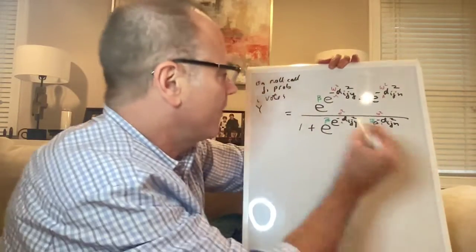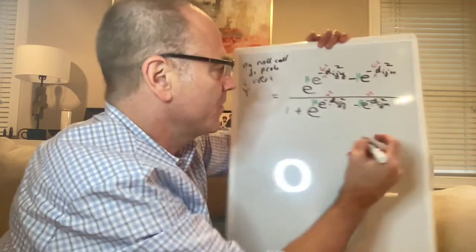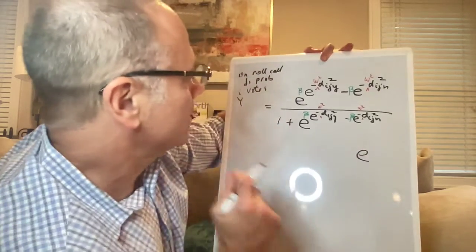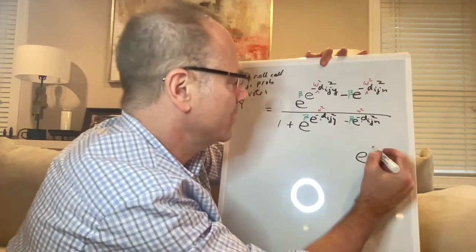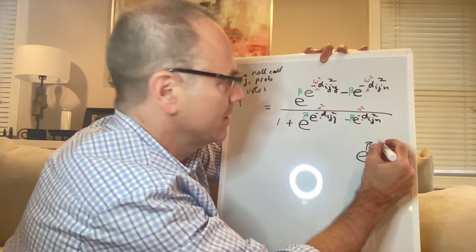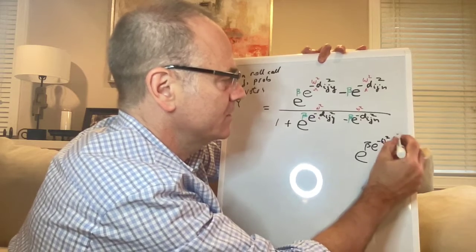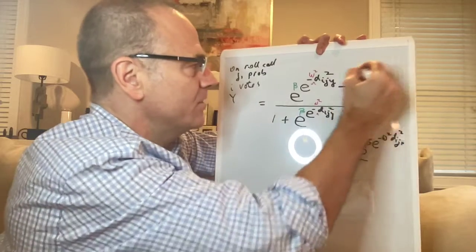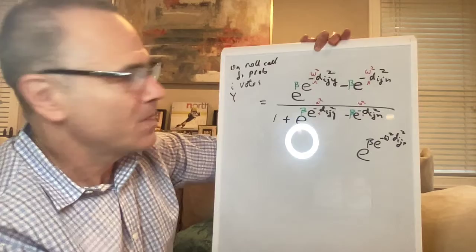Note that if we multiply numerator and denominator by e to the beta e negative omega squared d_ij n squared. Okay, so we're multiplying by e to this term, numerator and denominator.